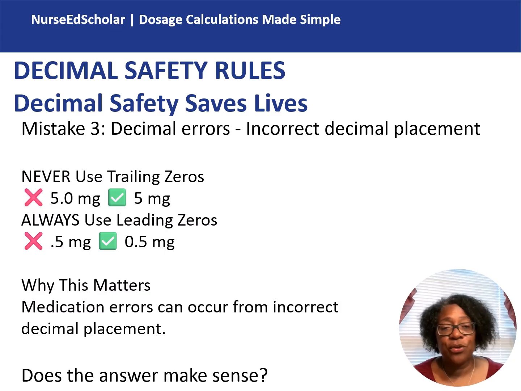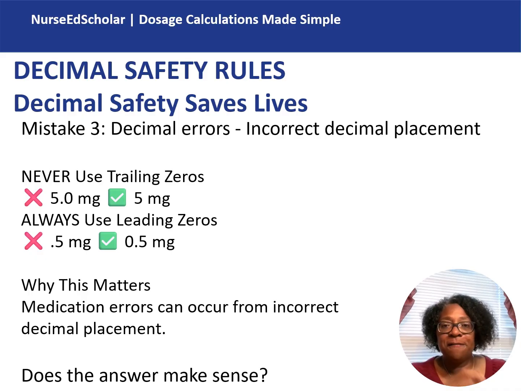Decimals. We talked about decimals earlier. Another mistake is the decimals are in the incorrect spot. So when you hear your instructor say, never add a trailing zero.